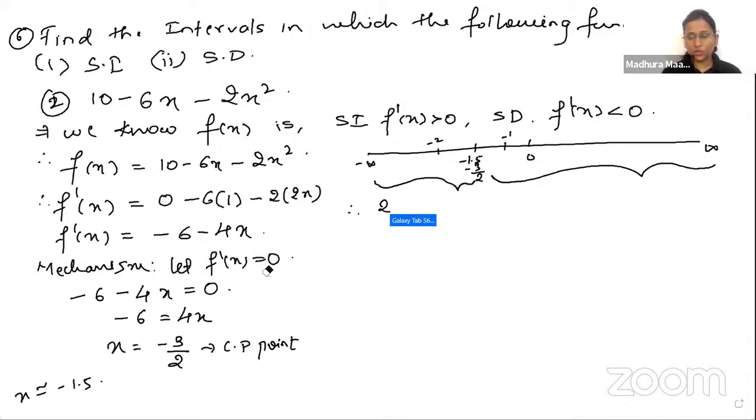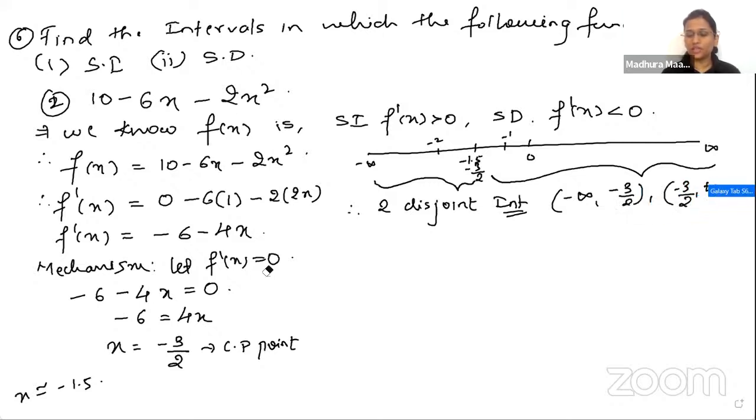Therefore the two disjoint intervals are: one is -infinity to -3/2 and one more is -3/2 to infinity. Is this correct? Okay, so first let us take the first interval, -infinity to -3/2. From this you take any value of x, whichever you wish.